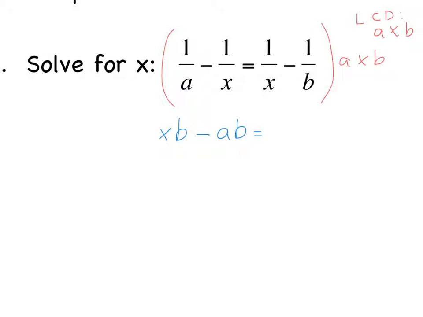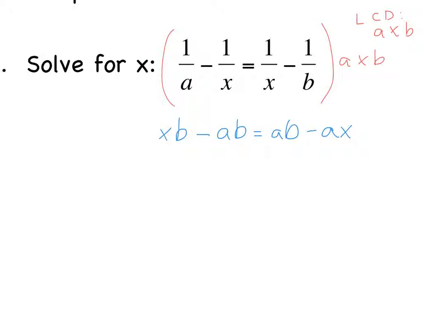We've got 1 over X times that again, so the X's cancel, leaving us with AB, minus, when we multiply 1 over B times AXB, the B's cancel, leaving us with A times X.